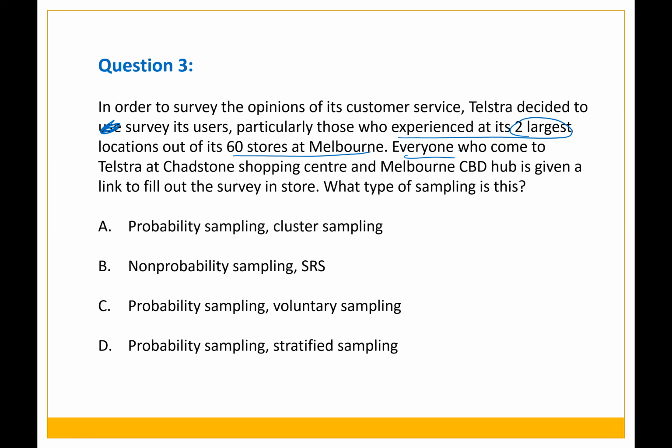So you have all kinds of people coming to the two largest shopping centers in the entire city or state. So we can consider that these two groups possess characteristics similar to the population. That is one condition for cluster sampling, and the other is that they survey everyone in these two groups. So it's definitely cluster sampling, and as we learned earlier in the review, it's one type of probability sampling.